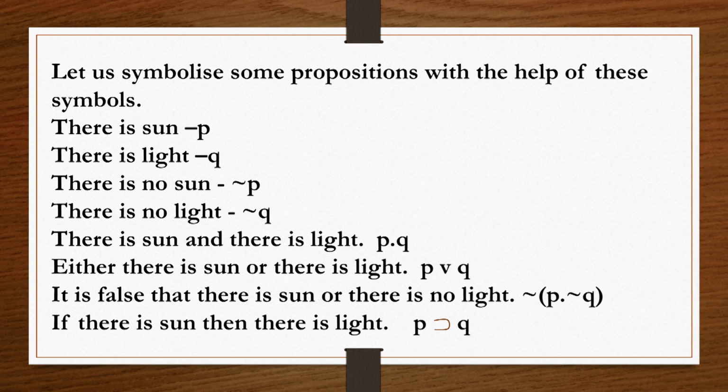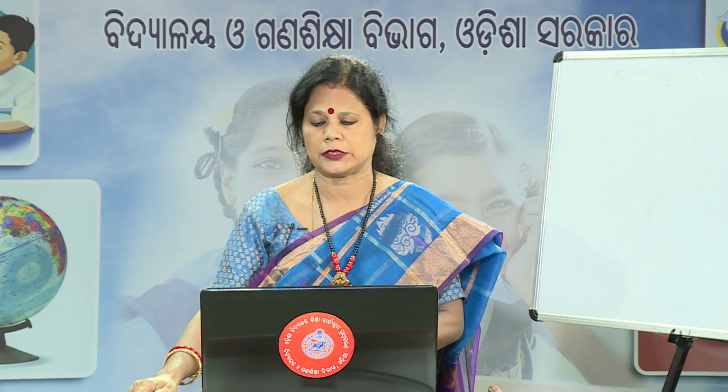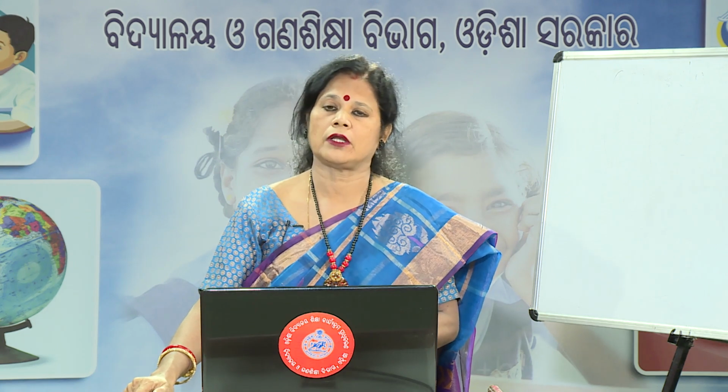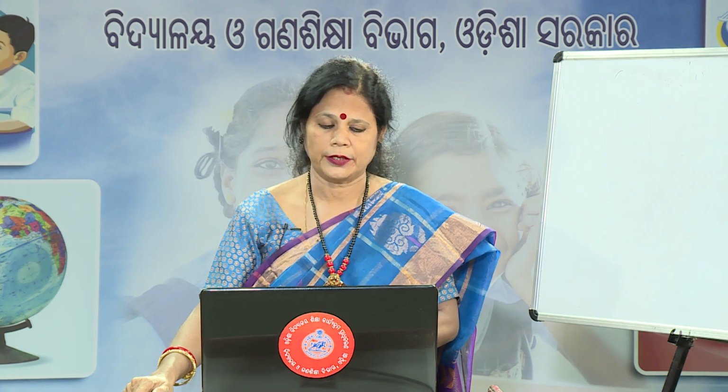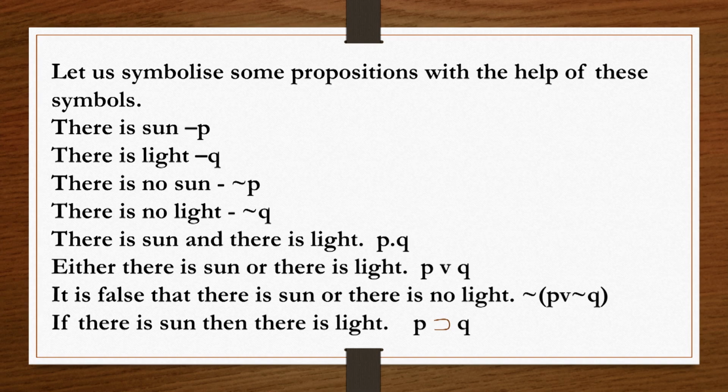There is sun is p, there is sun or there is no light is p or not q, so it is not that p or not q. Now we will symbolize some propositions with the help of these variables and constants. You know the variables and you know the constants.